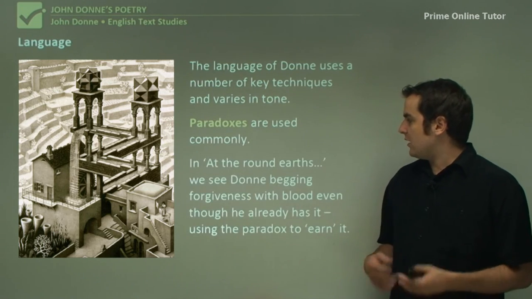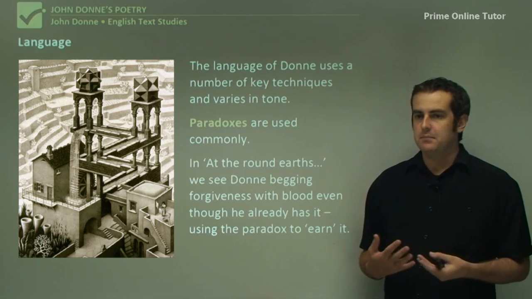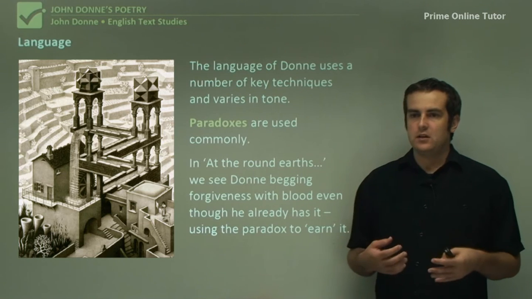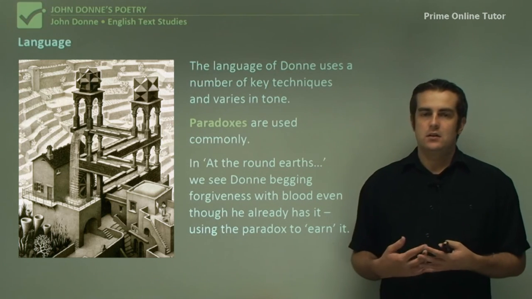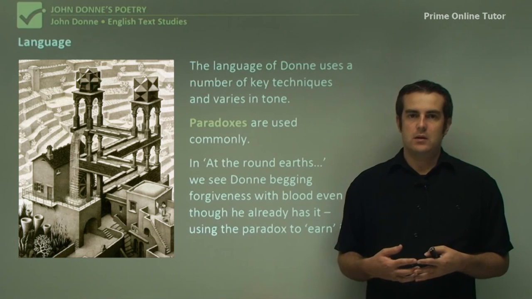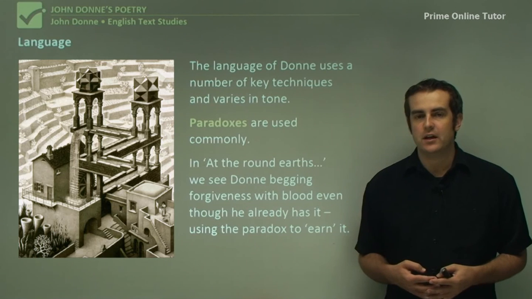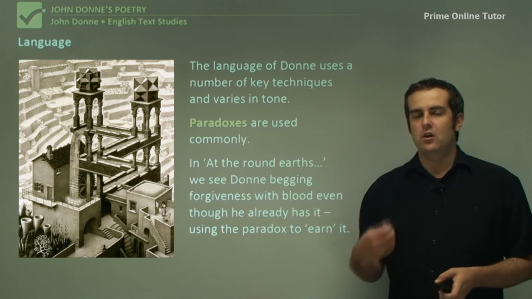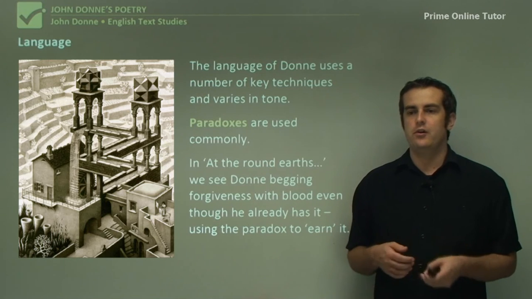We see that in The Round Earth's Corners Below, for instance, where we see Donne begging for forgiveness after he already has it. So he's a man who believes, yes, I will be forgiven, but I still feel like I should earn it. It's something worthy of my powers as a Christian to earn.